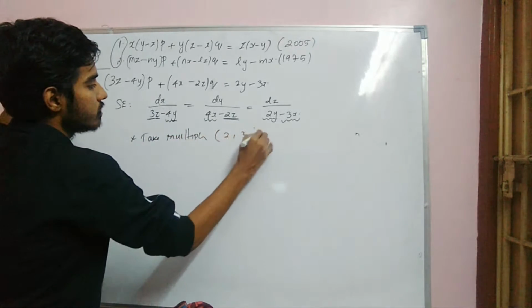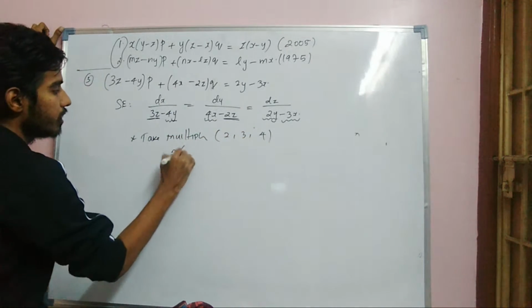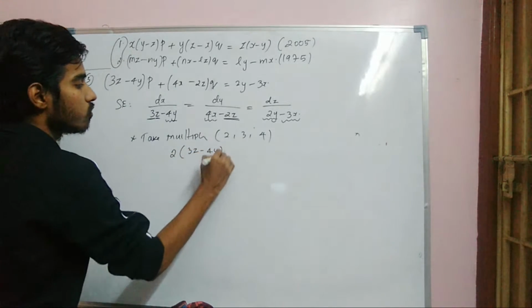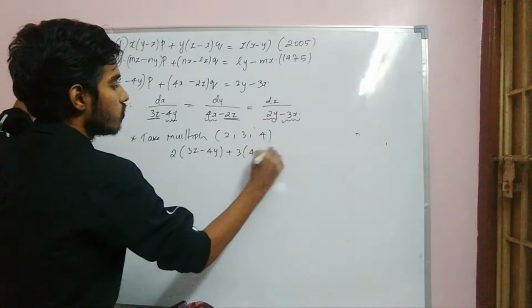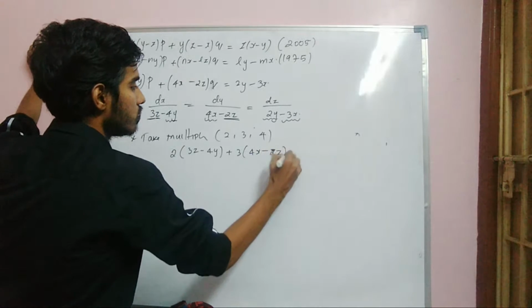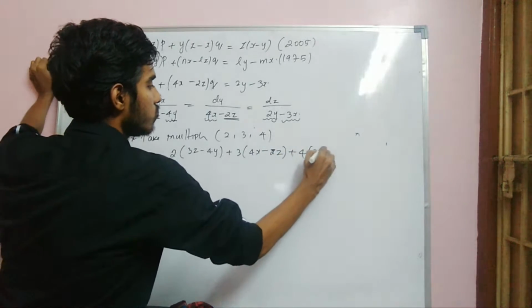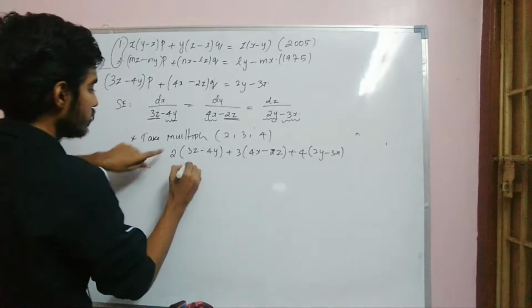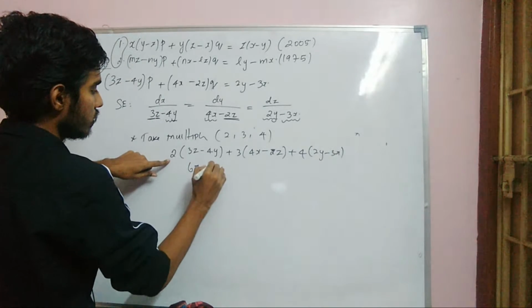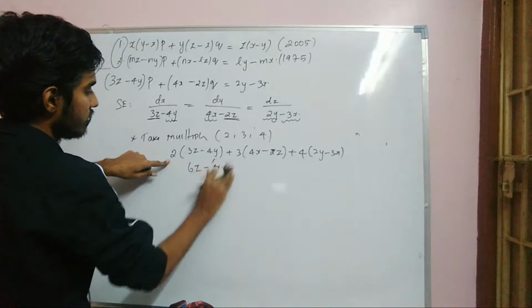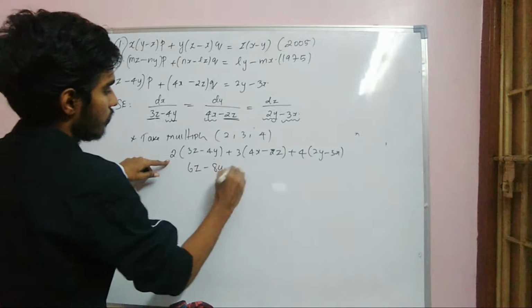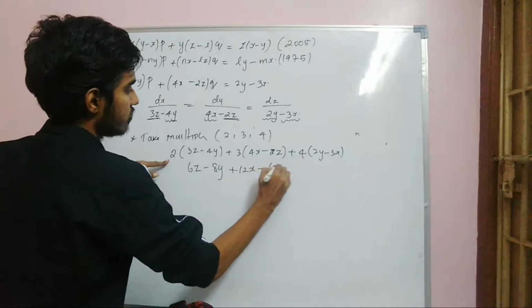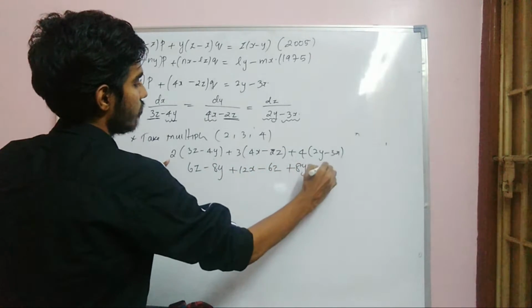Take multipliers 2 comma 3 comma 4, that is 2 into 3z minus 4y plus 3 into 4x minus 2z plus 4 into 2y minus 3x. If you do this, you will have 6z minus 8y plus 12x minus 6z plus 8y minus 12x.